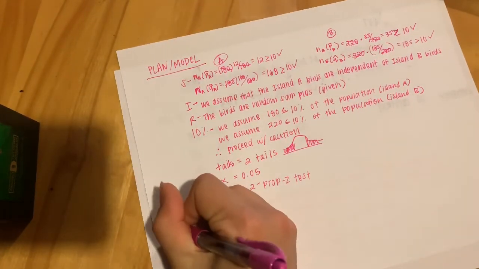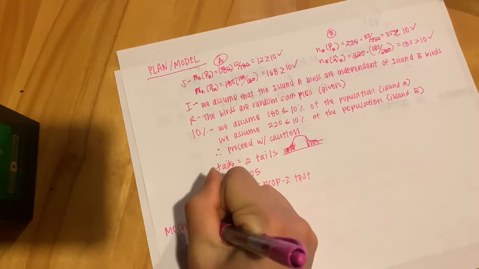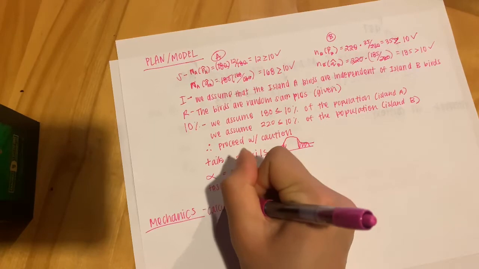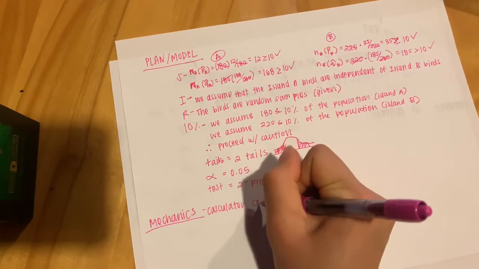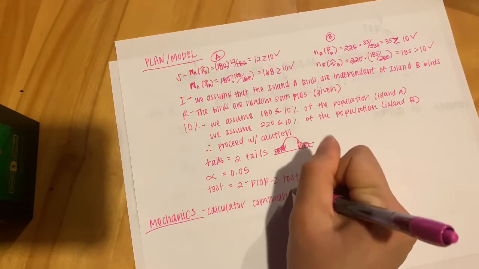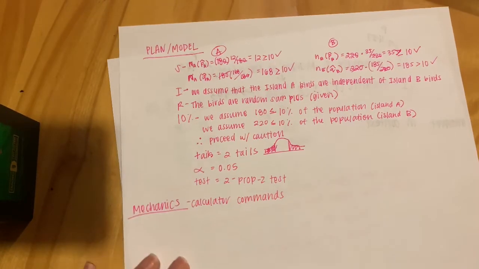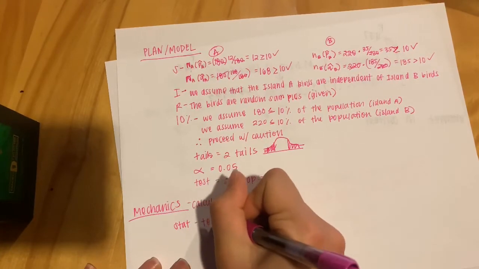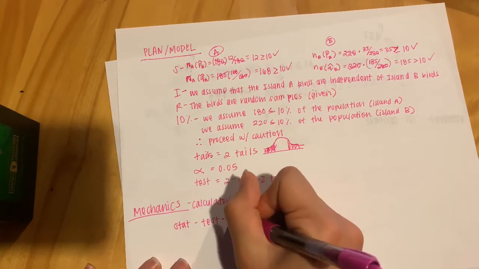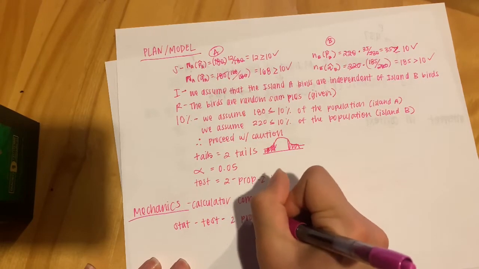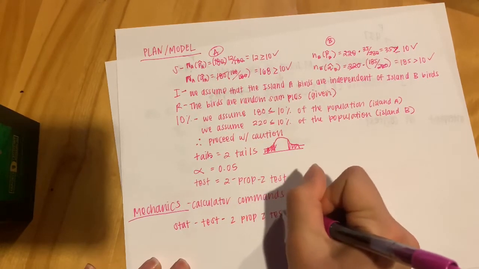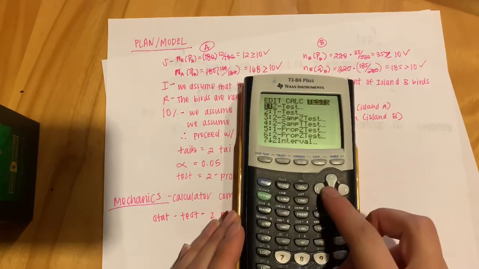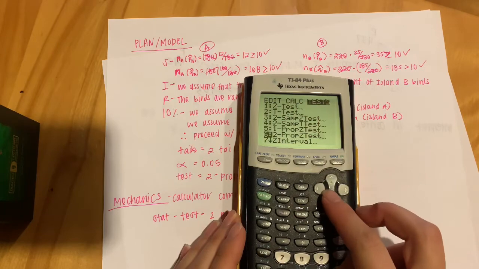Next is going to be the mechanics. So the mechanics is just going to be the calculator commands. We're going to go to stat, test, and then 2-PropZTest. On the calculator, we have stat, test, 2-PropZTest.